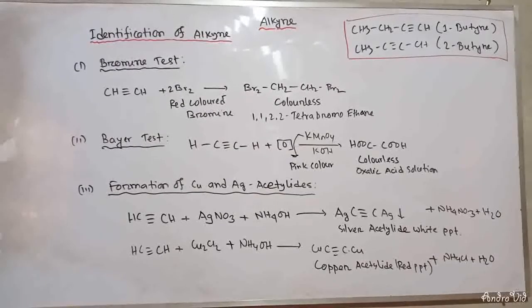So dear students, now identification of alkyne. There are a number of processes to identify alkyne. The first process is the bromine test, the second one is the Baeyer test, and the third one is formation of copper and silver acetylides.